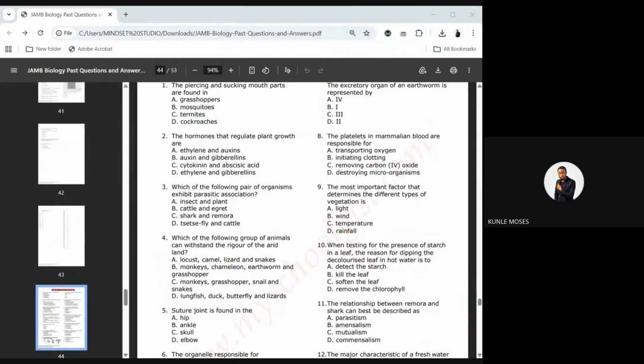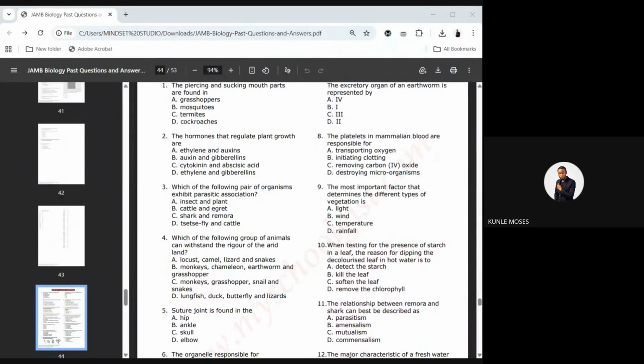The piercing and sucking mouth parts are found in, is it grasshopper, is it mosquito, is it termites? Mosquito. Mosquito, yeah. Okay, I've done that one.